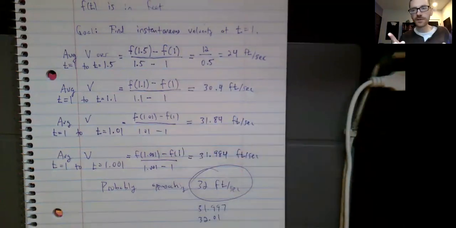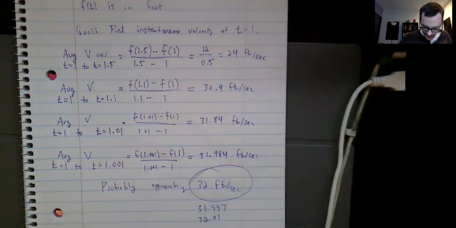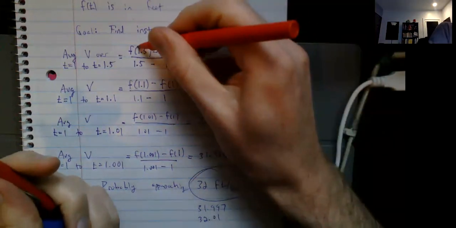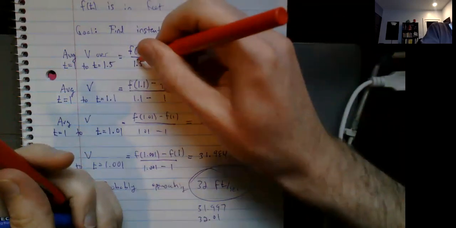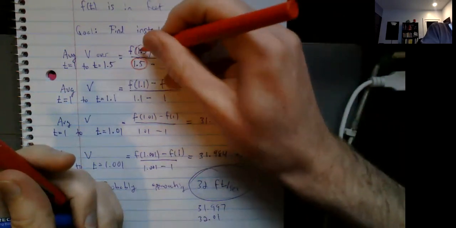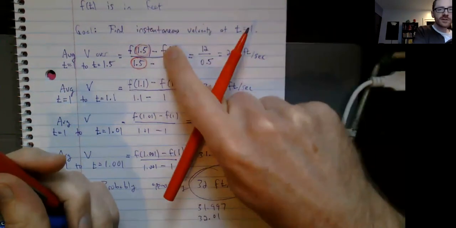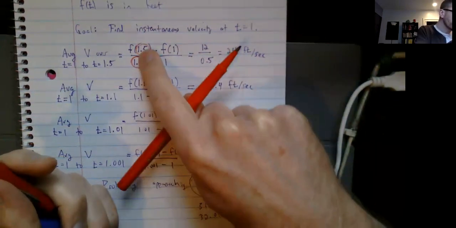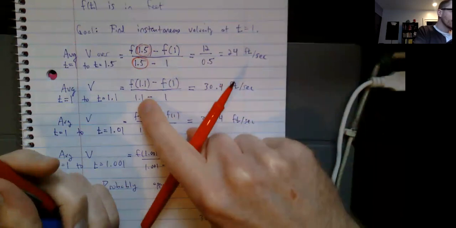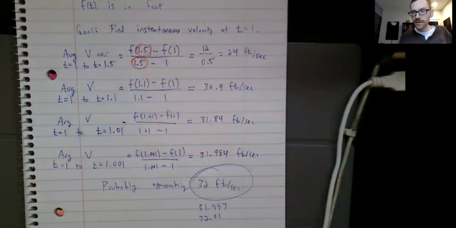The only thing that's changing is this number right here, right? And whatever that number is, that's the same number that appears right here. So all that's changing as you go from here to here to here to here is this number. And let me ask you, in what way is it changing?